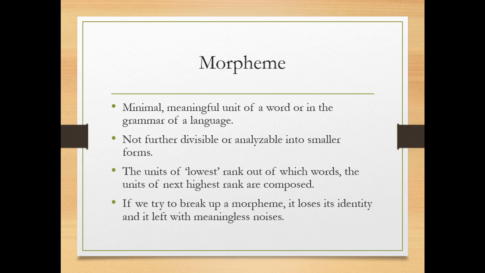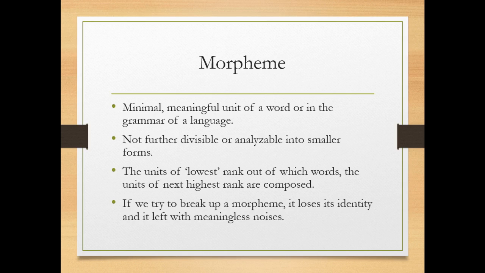If we try to break up a morpheme, it loses its identity and is left with meaningless noise. What does it mean? Morpheme is the smallest meaningful unit of a word. It means that a simple word can be a combination of two morphemes or three morphemes or four morphemes.